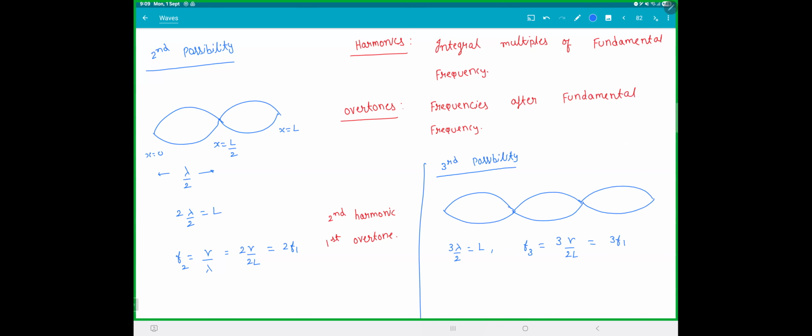Third harmonic and second overtone. Clear with this? So from here we can see we are getting one generalized formula now.